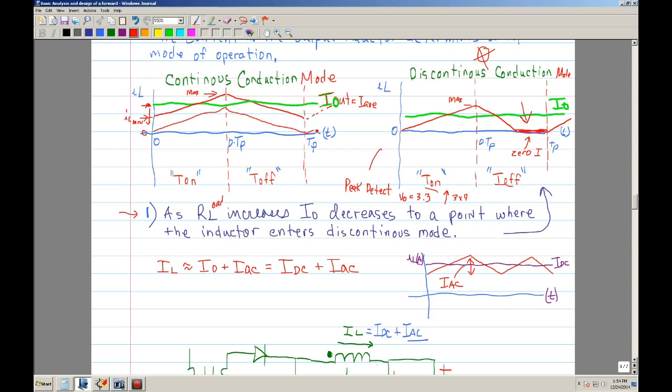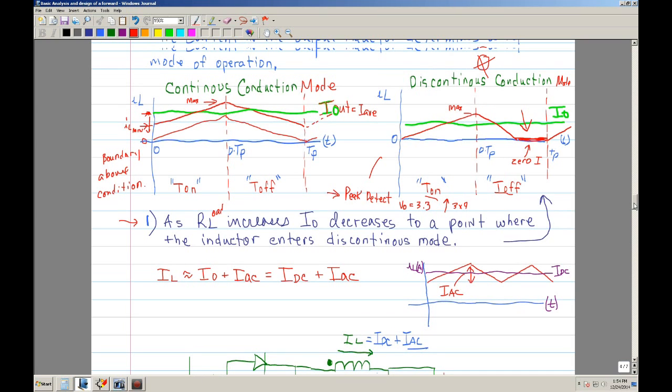Okay, and they call that the boundary condition. So basically you want to operate above the boundary condition. Okay, and that's to avoid this phenomenon, the peak detection.